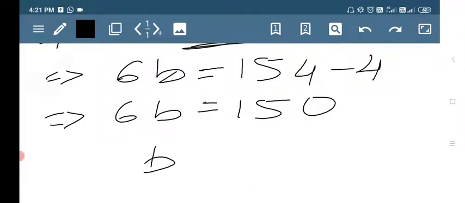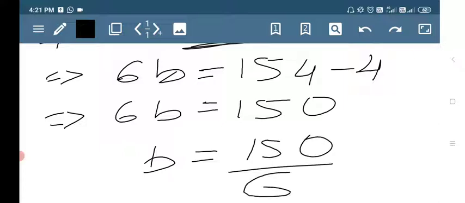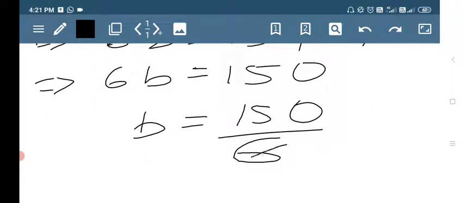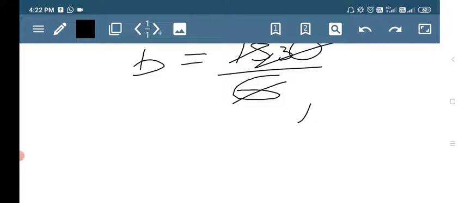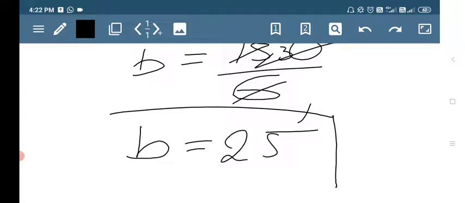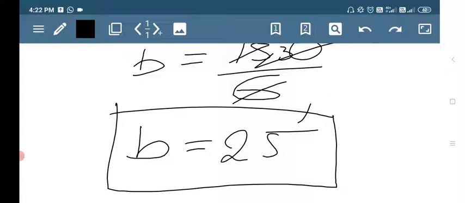So now b is equal to 150 divided by 6. 6 ones are 6, 6 twos are 12, what is left? 3, it becomes 30 now. 6 fives are 30. So b is equal to 25.